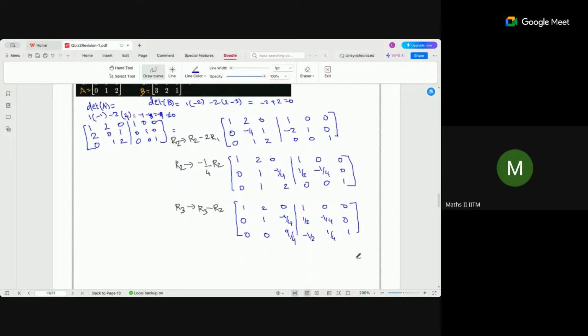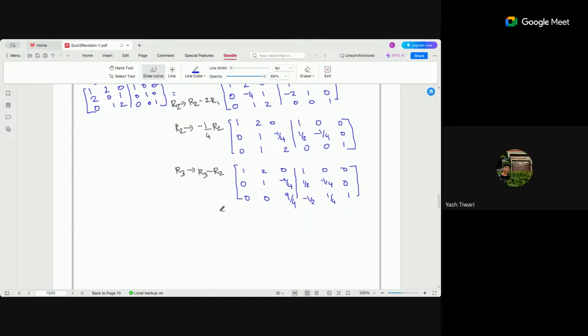And then you have to replace this 9/4 now. Right? You have to make this 9/4 as 1. So what is the next step? The 9/4, you have to multiply by 4/9. Sorry, R3 multiplied by 4/9.